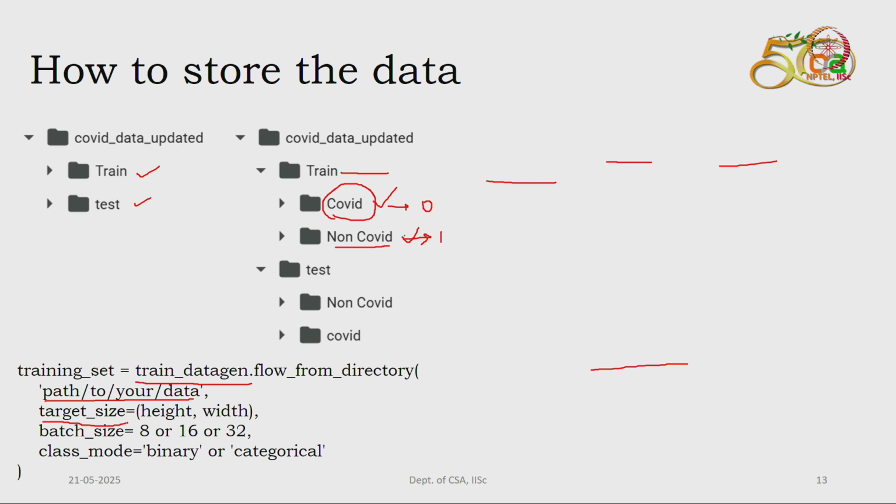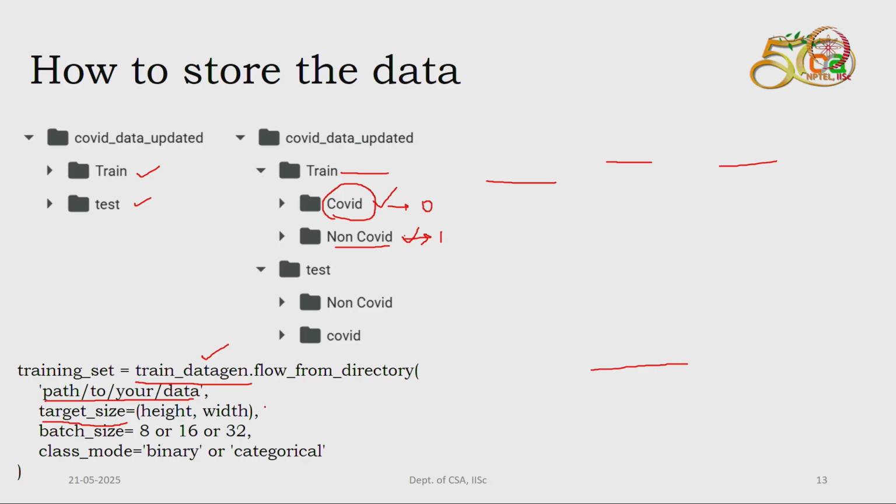You may have unevenly sized images in your training, but this particular line will take care of scaling all those images to a particular size. It is resizing the images that we have taken in each of these folders.